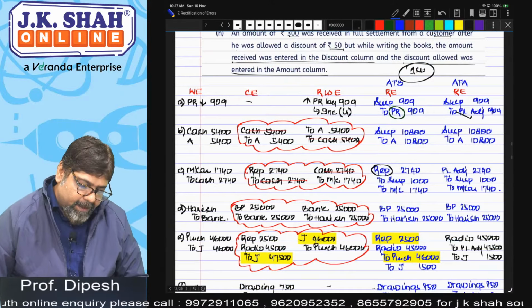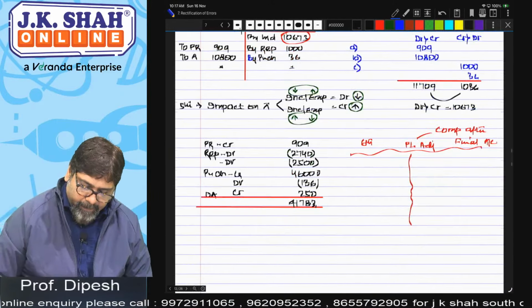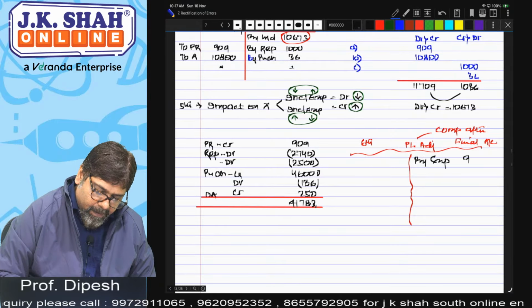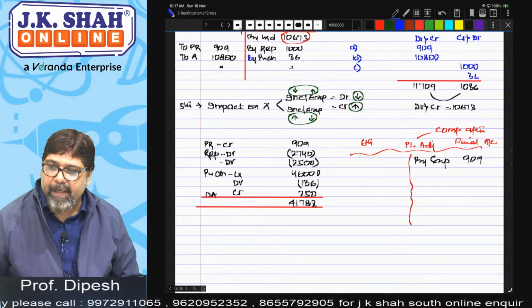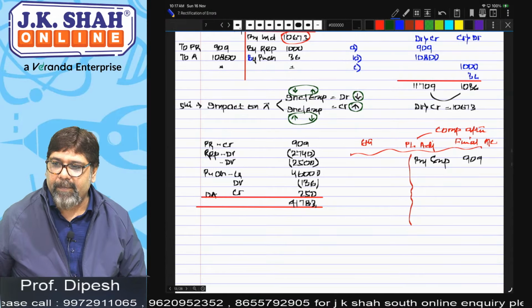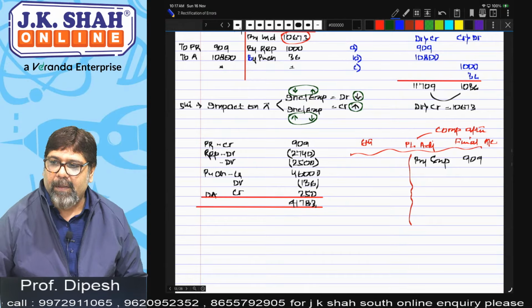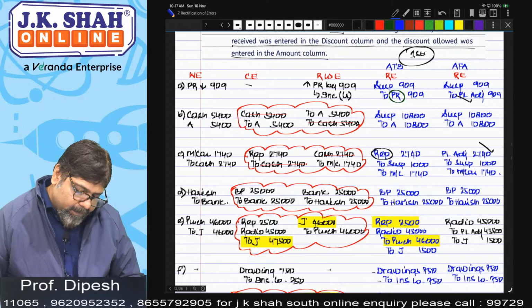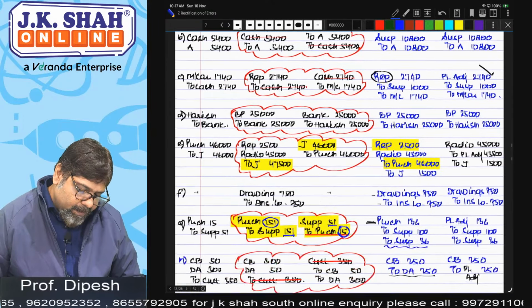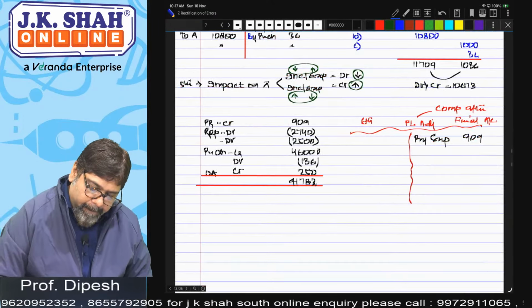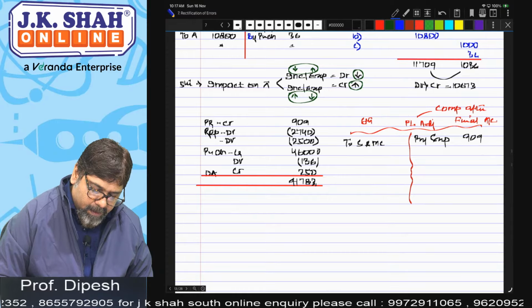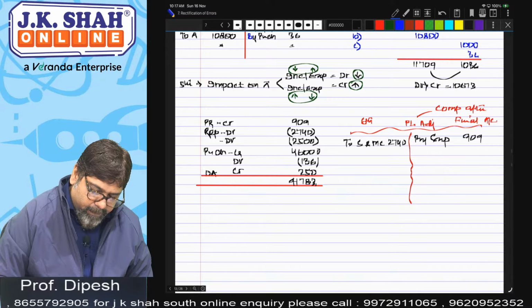PL adjustment credit 909, by suspense 909. Then PL adjustment debit 2740, to suspense and motor car 2740.